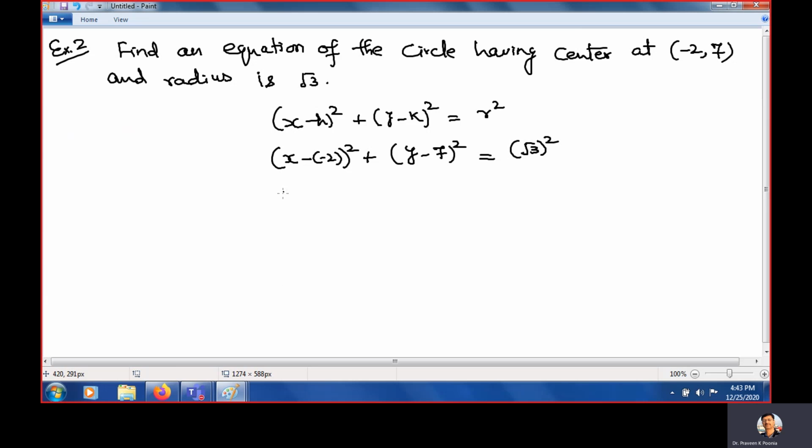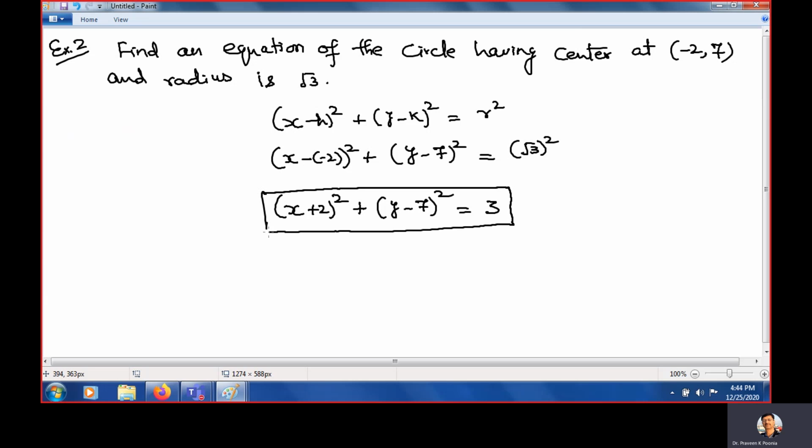So it will be (x plus 2) whole power 2 plus (y minus 7) whole power 2 is equal to 3, since the square of square root 3 is 3. So this is the equation of the circle.